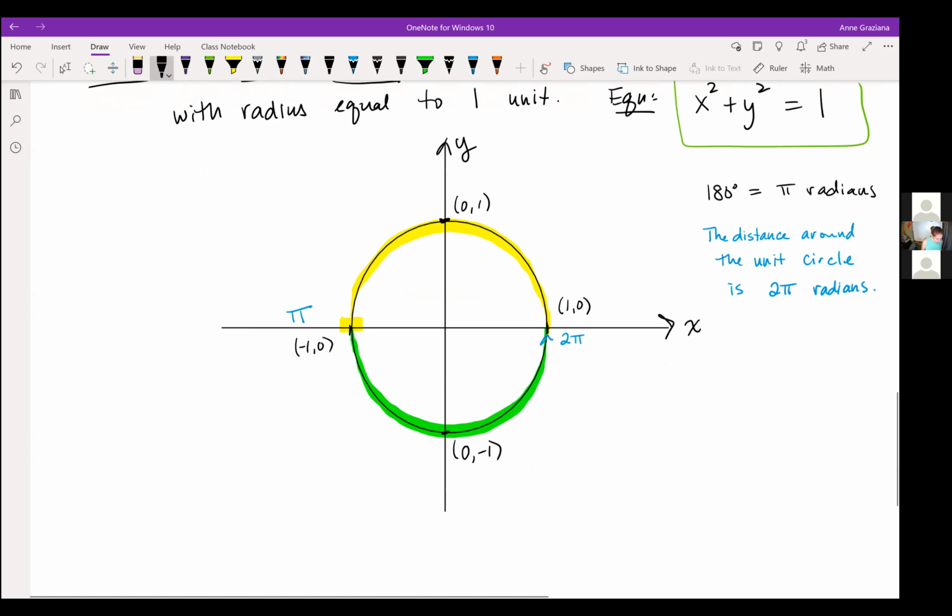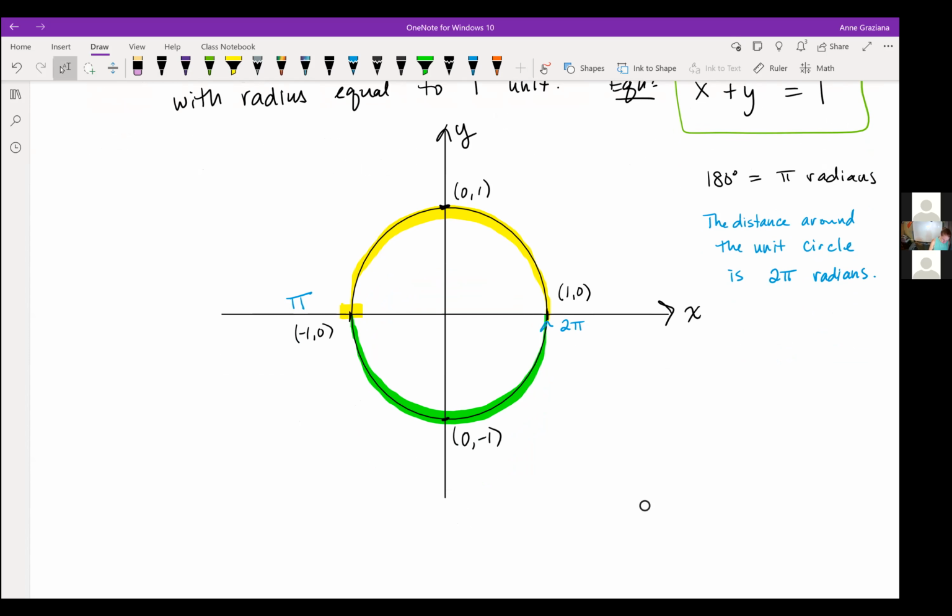So we're going to be walking around the unit circle. I'm just going to use walking as it's easy to talk about.